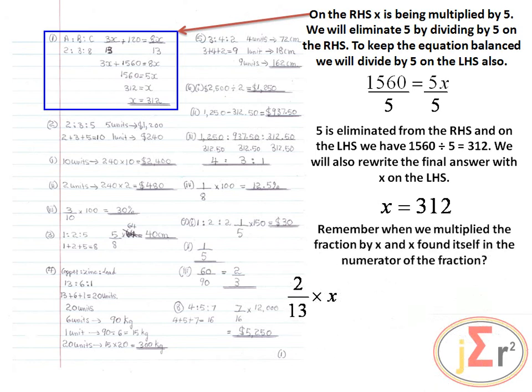What do we know? We are just going back in time a little bit. Remember when we multiplied the fraction by x and x found itself in the numerator of the fraction? Well, I hope that no one will consider that to be any form of magic. Multiplying a fraction by any number or by x, and x found its way into the numerator.